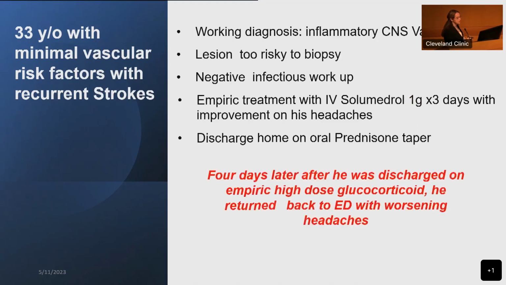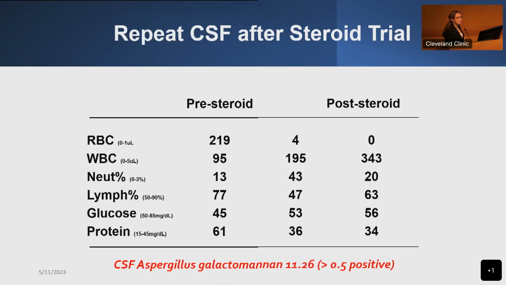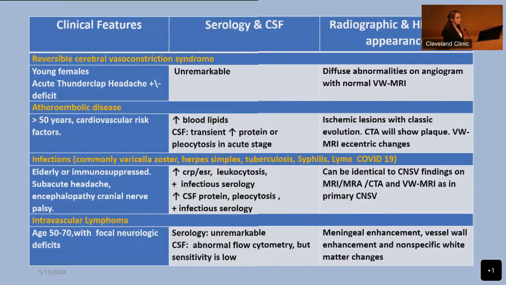Because the lesion was too risky to biopsy, and the working diagnosis was inflammatory CNS vasculitis with a negative infection workup, the team decided to treat him with steroid and he was discharged on oral prednisone, but he did worse and came back, and another CSF showed worsening of his white count. When he came in, his CSF aspergillosis came back positive. So failure to respond to treatment really should raise a big flag for another etiology.